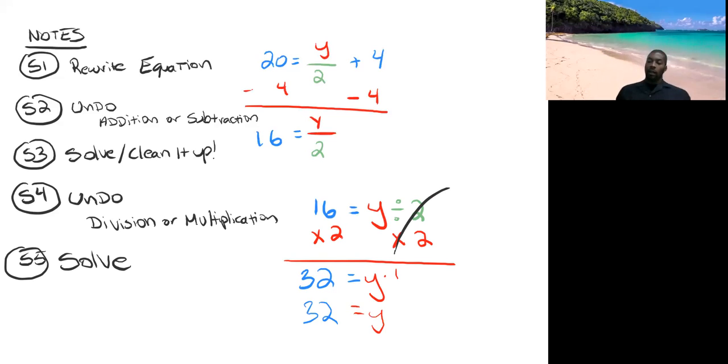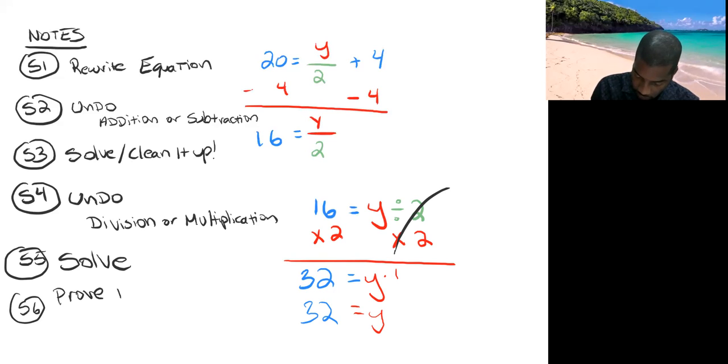Now, we have to prove it, right? So I'm going to do step 6, which is prove it. All right, we're saying that 32 is equal to y, right? So to save space, I'm just going to replace the y with 32. And then we're going to use PEMDAS to try to solve this, right?